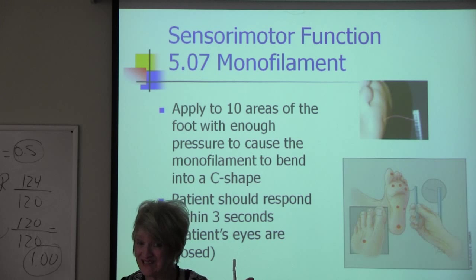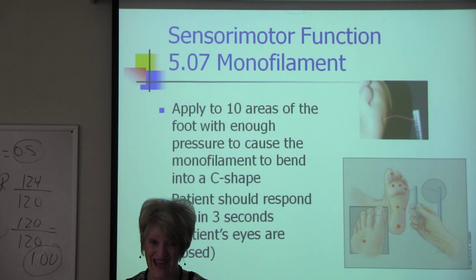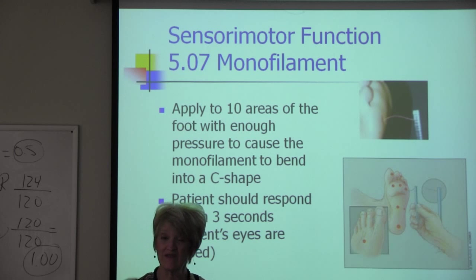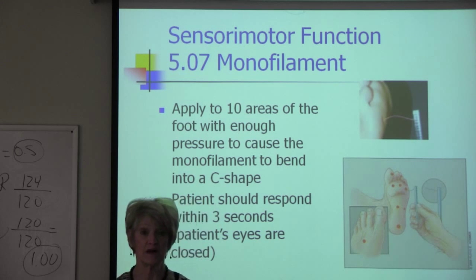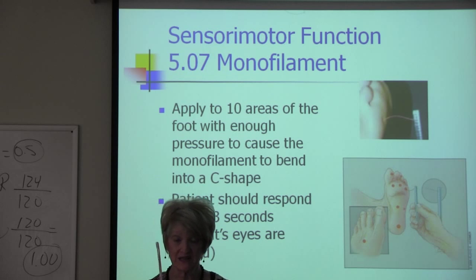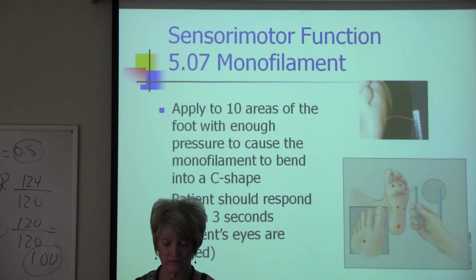You do not have to test with this. The gold standard is 5.07. If you also have access to 6.10 monofilaments, it's very helpful, because if I have a patient who fails to respond to 5.07, I will test them with 6.10.